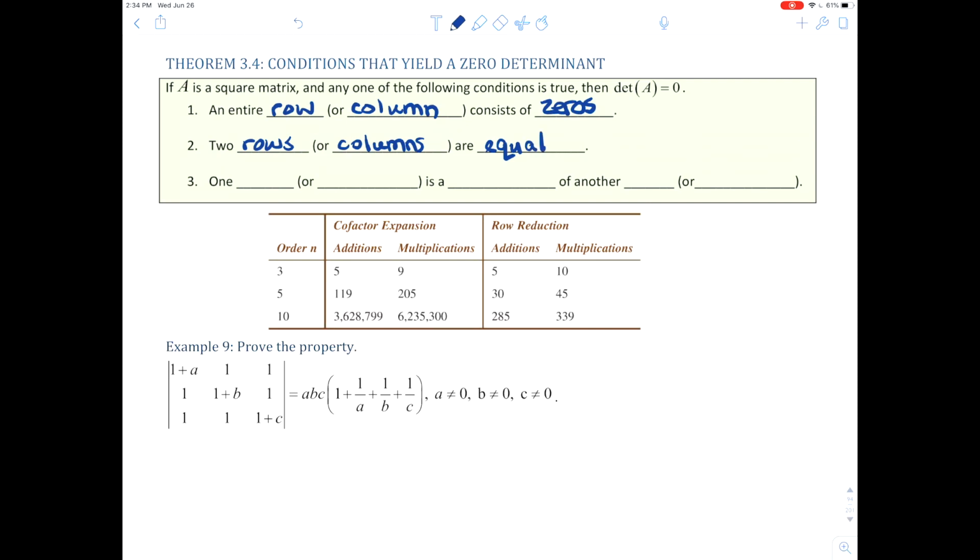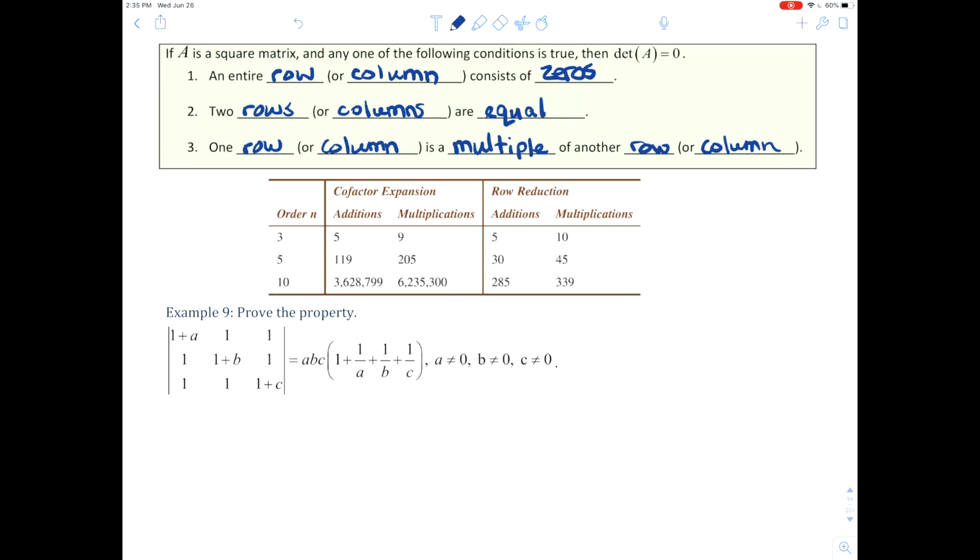And then thus a zero determinant. Thirdly, what do you think? If one row or column is a multiple of another row or column, cool?